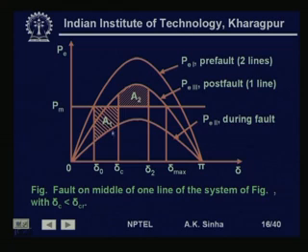So, this is the accelerating area which is available, and once we have gone to this post fault condition, we are finding that the electrical power output is greater than the mechanical input.